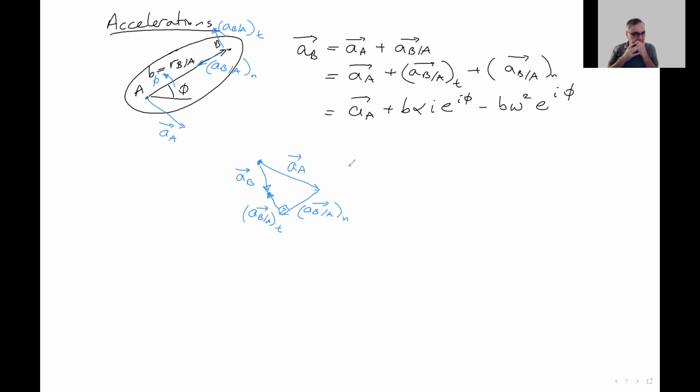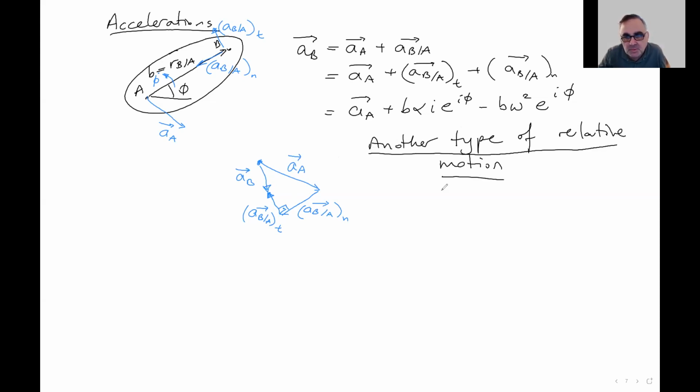Now, there is one more type of relative motion, which is important for us. This motion gives rise to the so-called Coriolis acceleration, so we need to look at that.